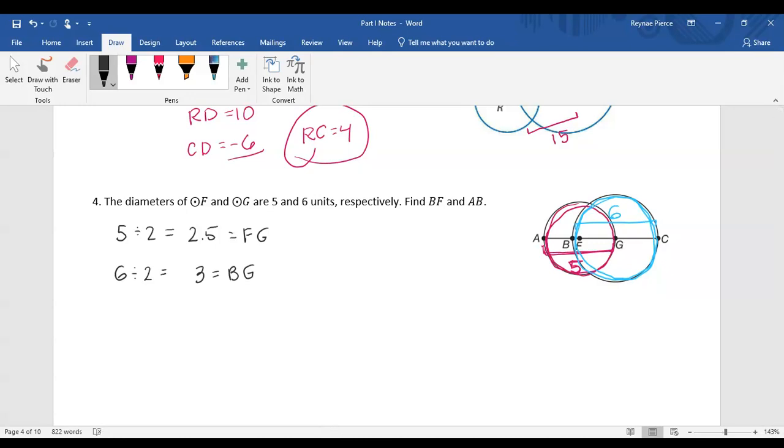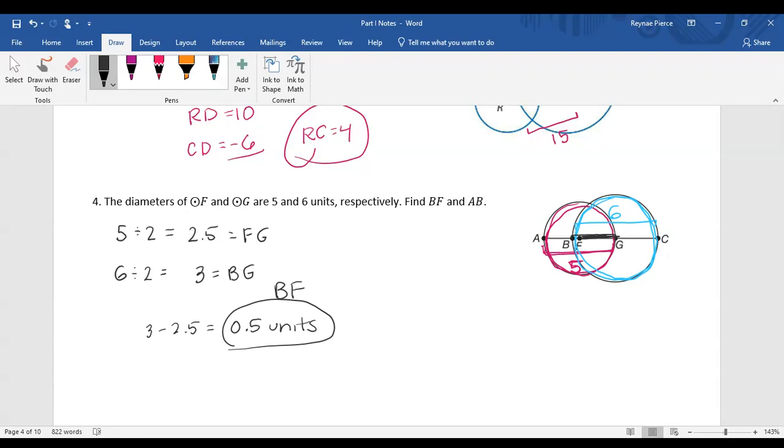Okay. So if from B to G is 3, but from F to G is only 2.5. 3 minus 2.5 gets us to 0.5 units. And that's for BF.